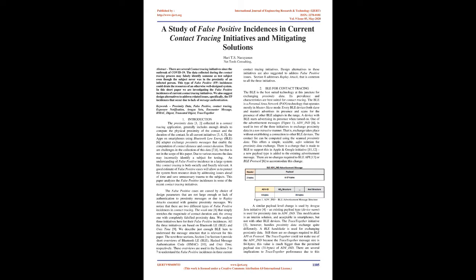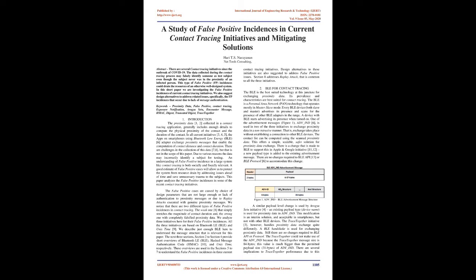These overviews are used in Sections 5 to 7 to understand the false positive incidences in 3 current contact tracing initiatives. Design alternatives to these initiatives are also suggested to address false positive issues. Section 8 addresses replay attack, that is common to all the 3 initiatives.